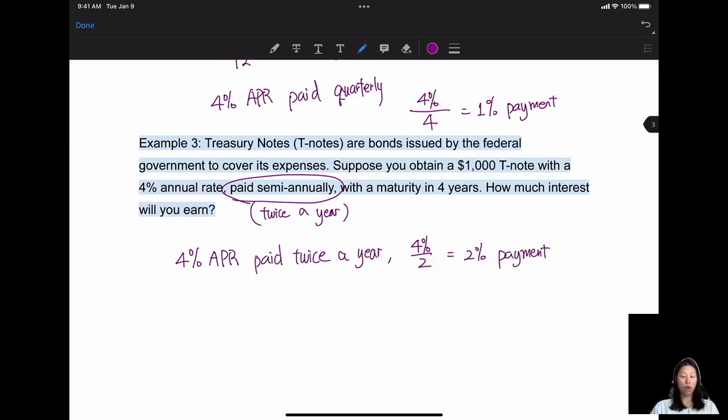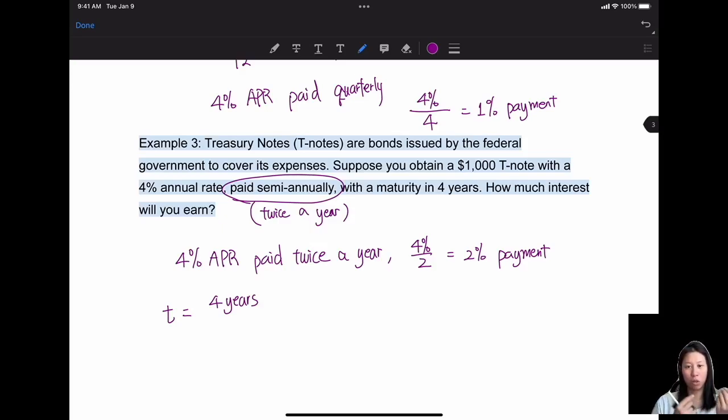Okay, with a 4-year maturity, now think about how many times you're going to be paid within 4 years. In the first year, you're going to be paid twice. In the second year, you are paid another twice, so totally 4 times. In the third year, twice again, so 6 times.